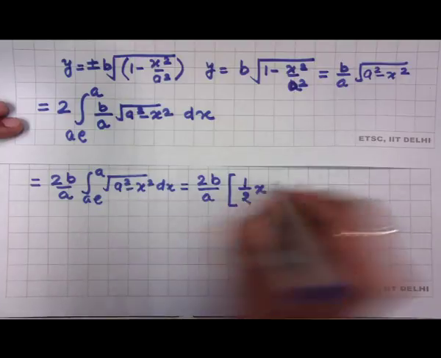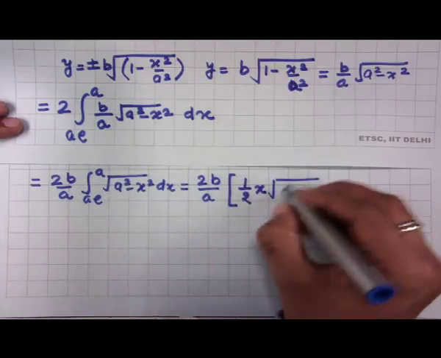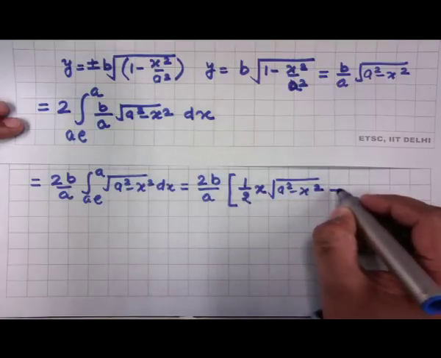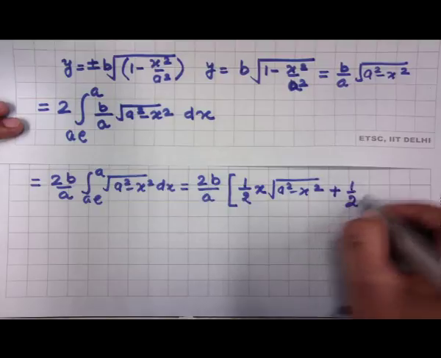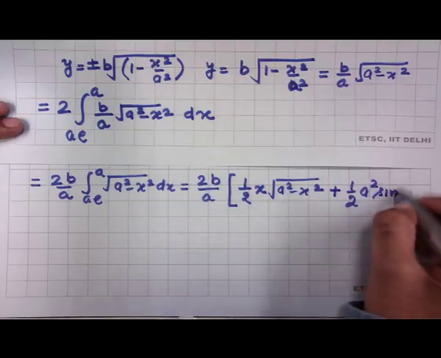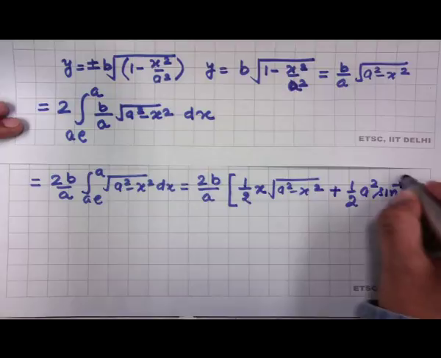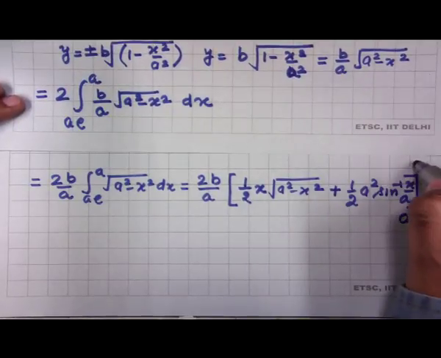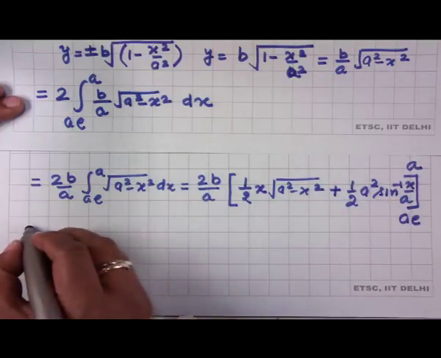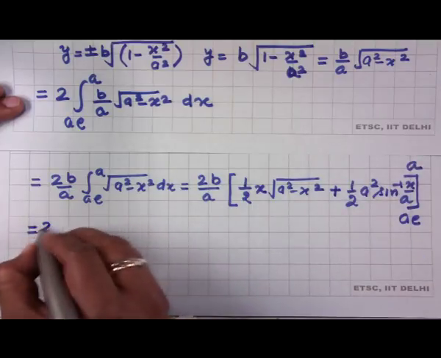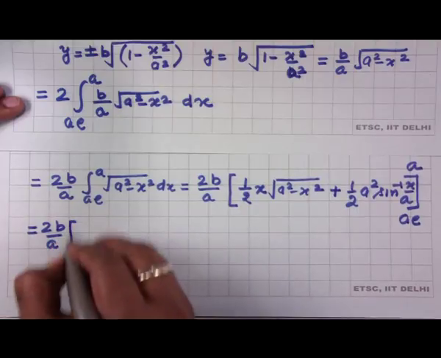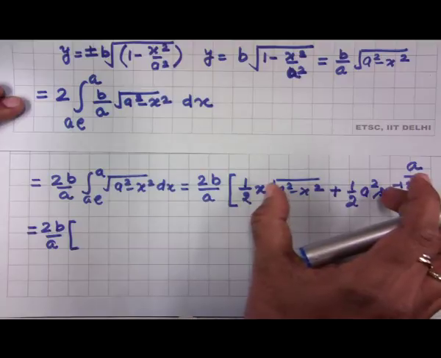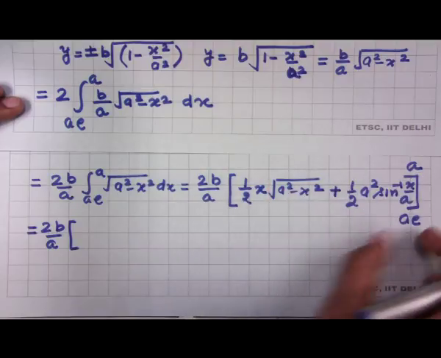So, the value of this integral will be, with limits going from ae to a, 2b by a times the value of this function at a minus the value of this function at ae.